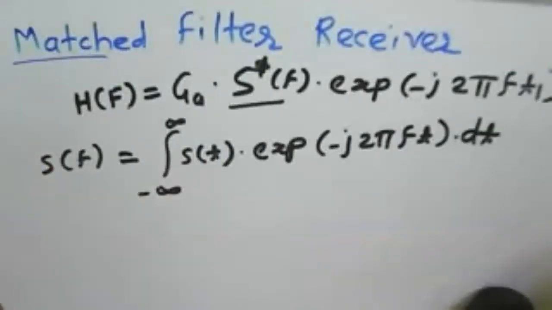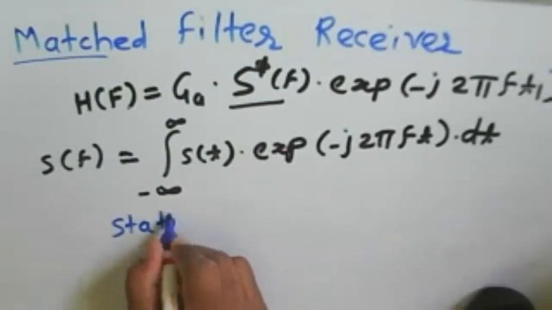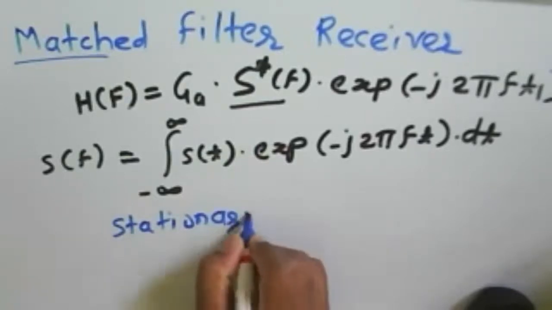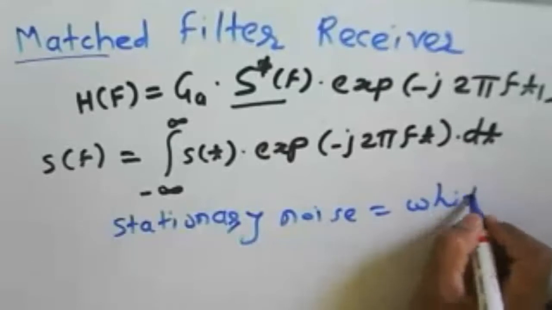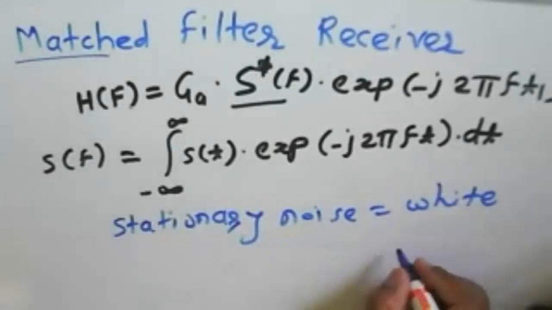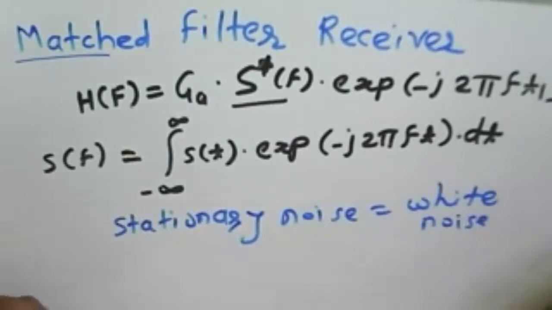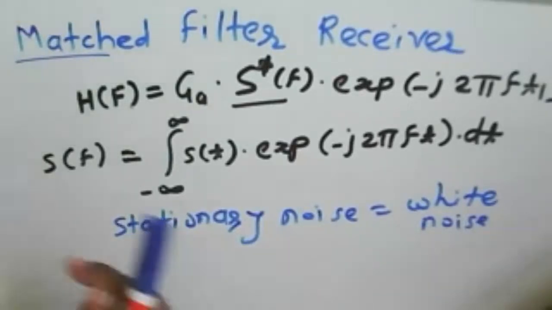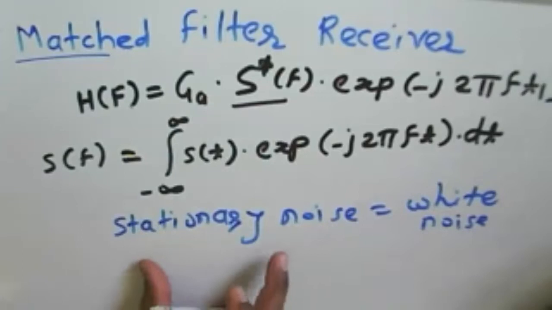For example, a stationary noise is nothing but a white noise. We can say that a stationary noise is a white noise. So we can filter out that particular noise easily because that noise part is a stationary one.